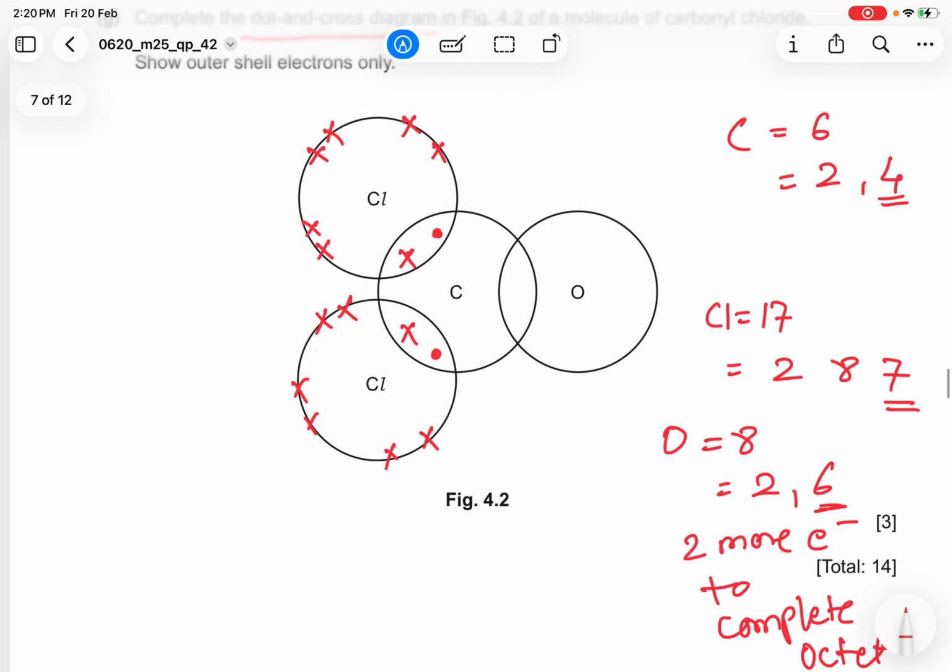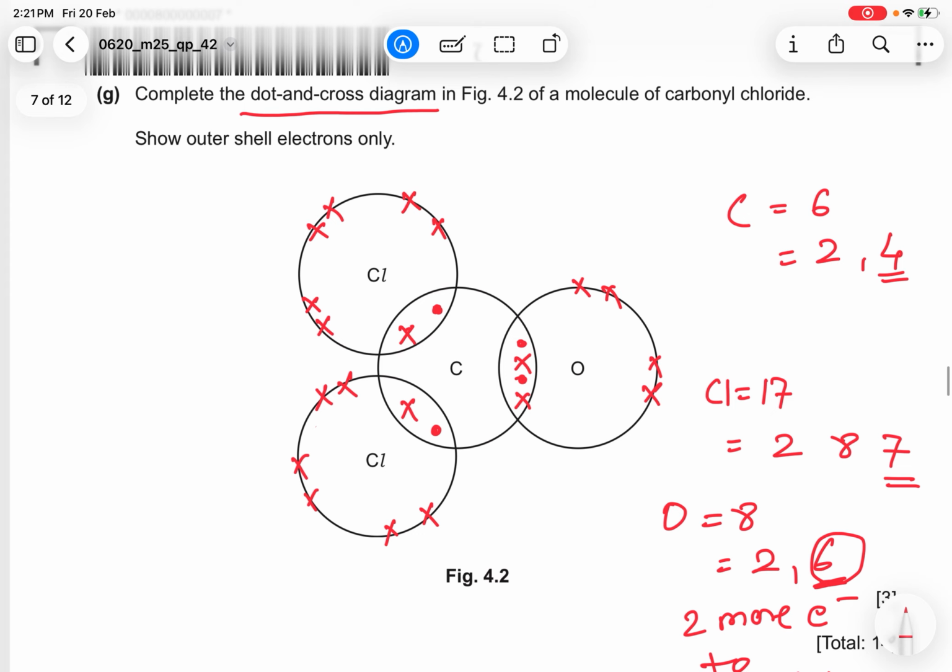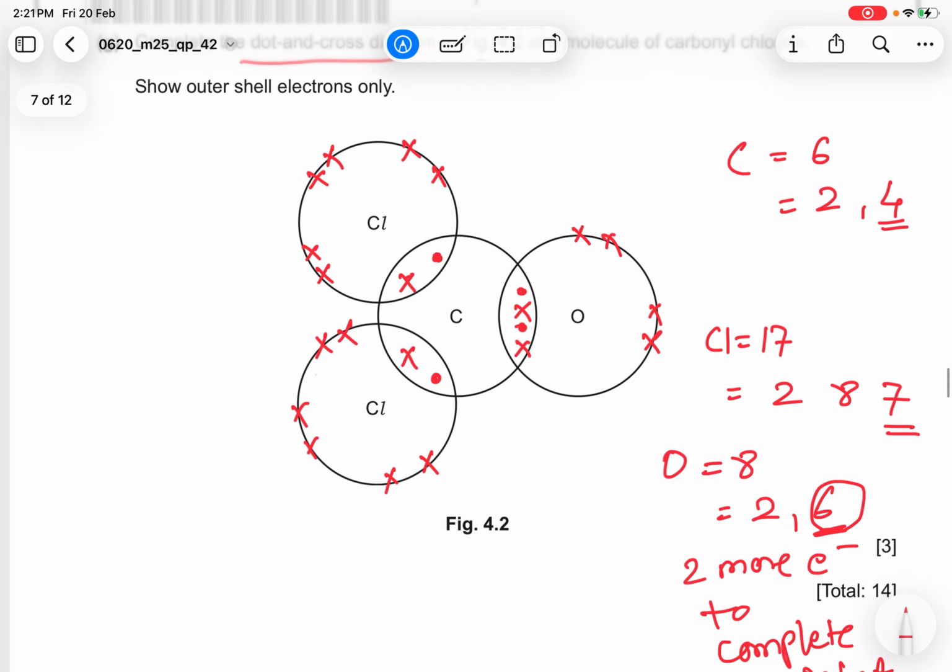So carbon will share 2 electrons with oxygen, and oxygen will also share 2 electrons with it. Out of 6, oxygen has shared 2 electrons, so there will be 4 electrons on the shell of oxygen. You can always use a periodic table whenever you are going to write the electrons in case of an ionic structure or a covalent structure.